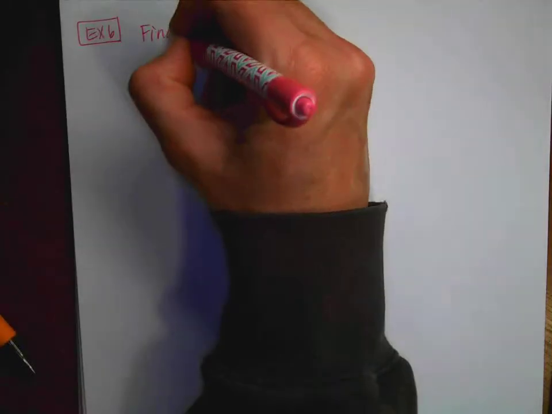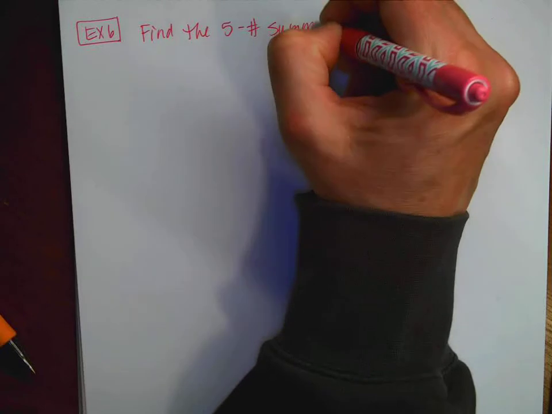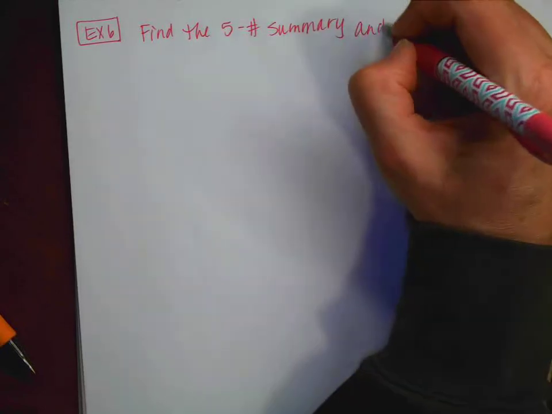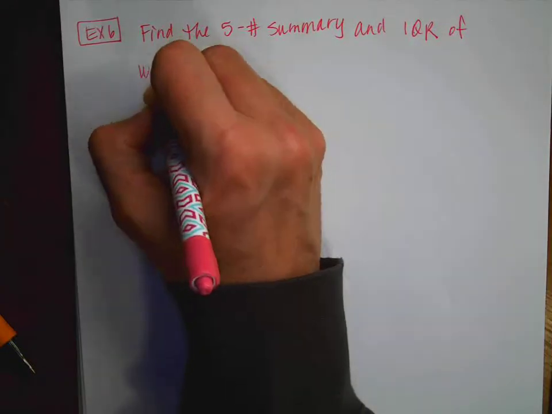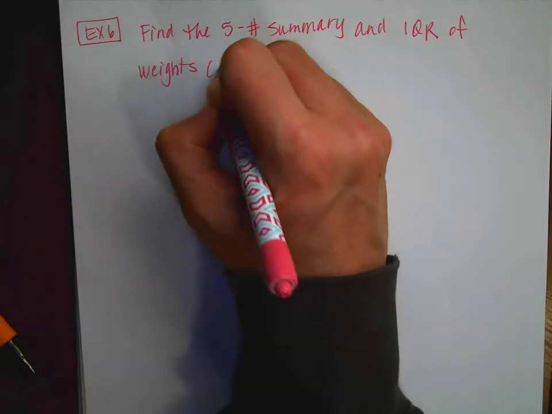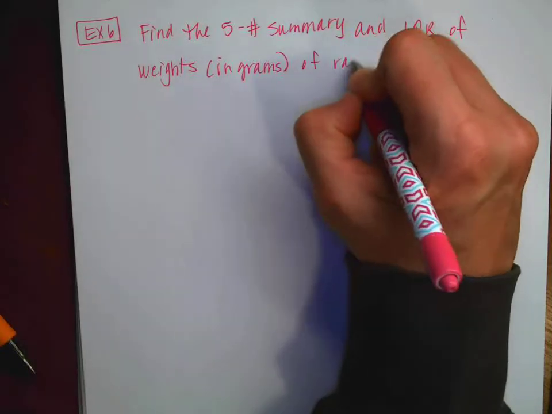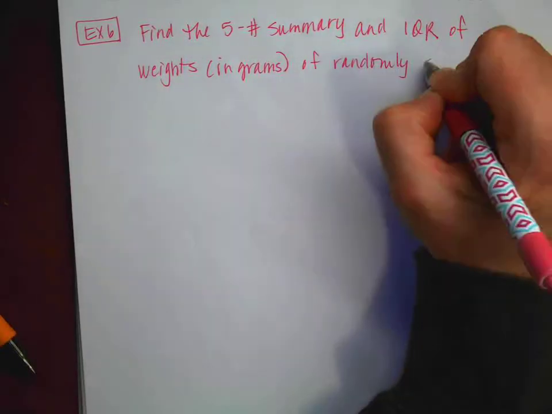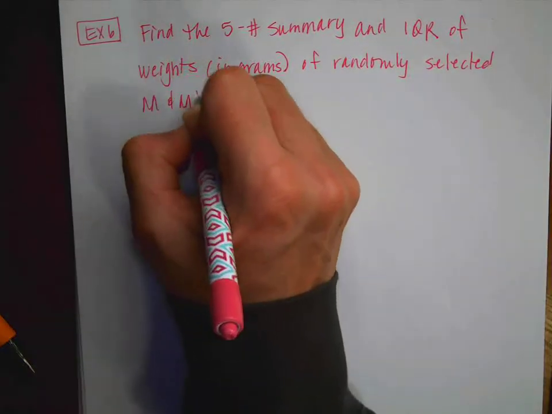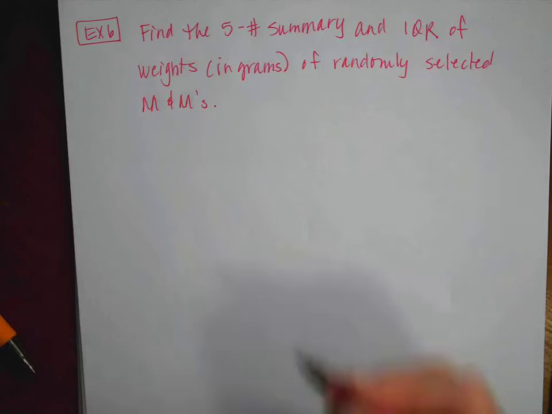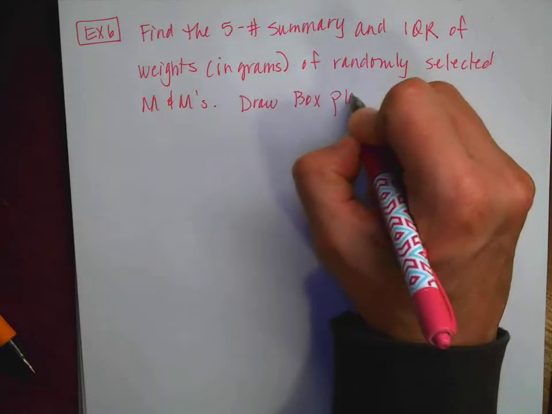So for example number 6, I want to find the 5-number summary and the interquartile range of weights in grams of randomly selected M&Ms. And we'll talk about this when we get done. And then I want to draw the box plot.